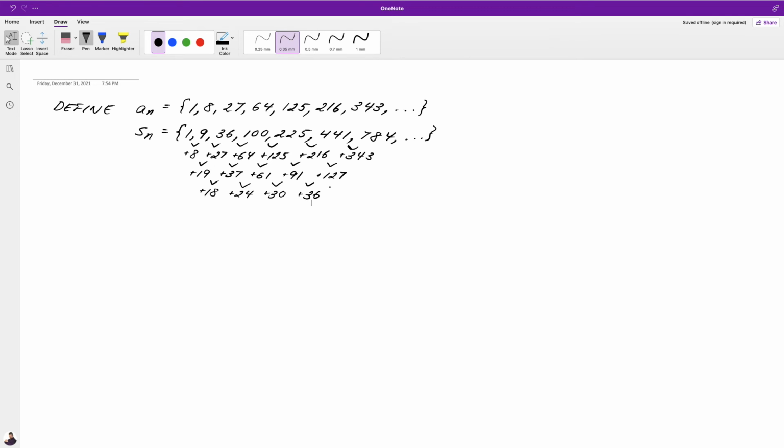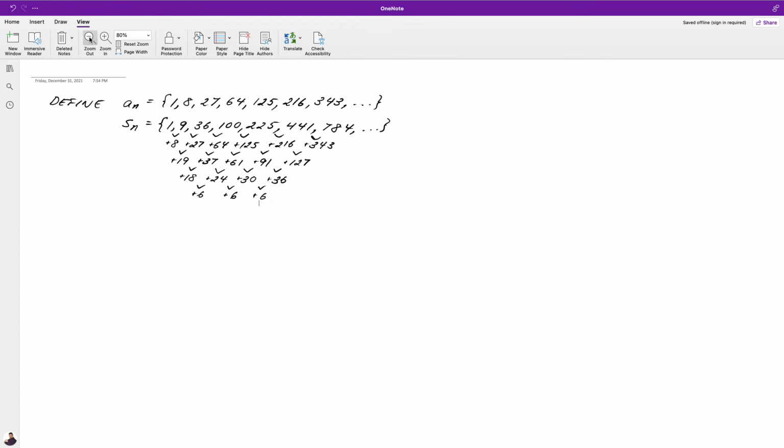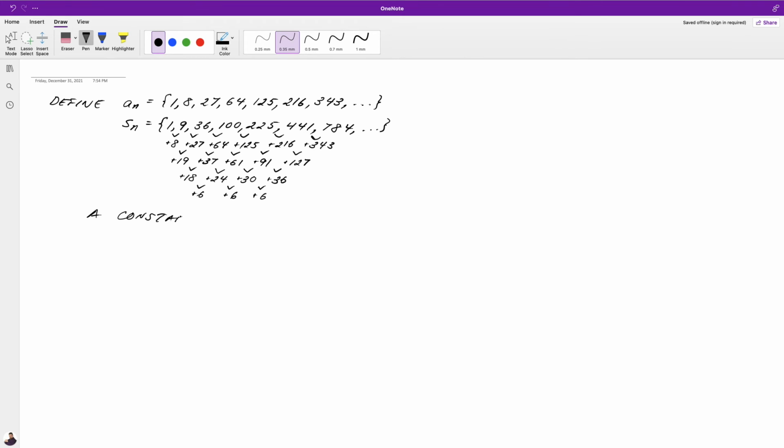As predicted, we do not have a constant third difference, but I do think we're going to have a constant fourth difference. To get to 24 from 18, we've got to add 6. To get to 30 from 24, we've got to also add 6. And to get to 36 from 30, we of course have to add 6. So a constant fourth difference.